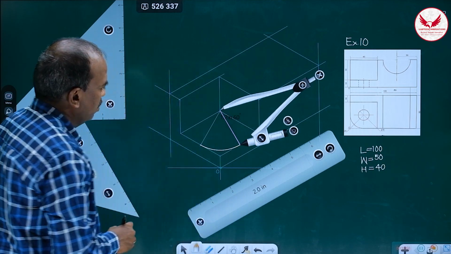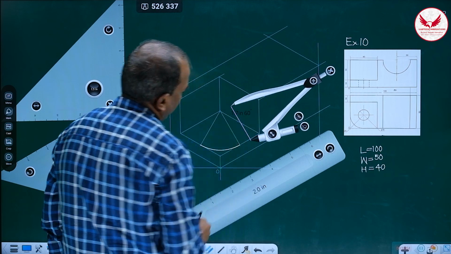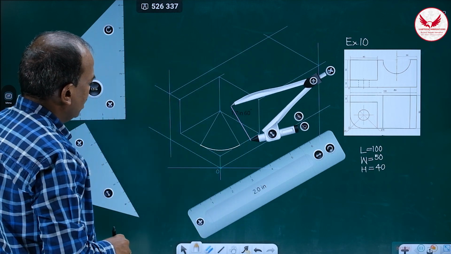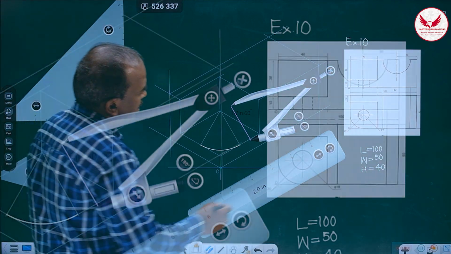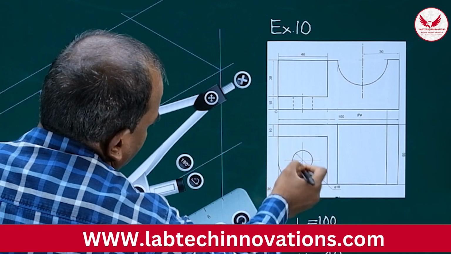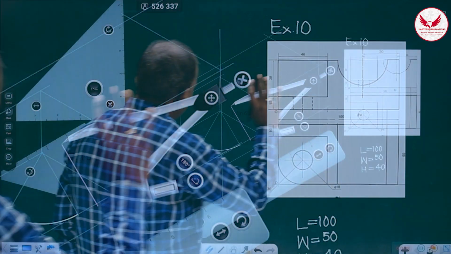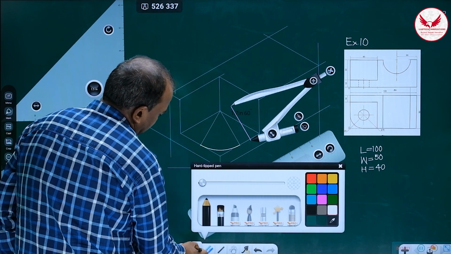This is the quarter circular arc. Like this you can mark it, and once we mark this arc, its thickness is 10. Because this hole is in that 10 thickness, that is the big hint for us. Then shift these 3 points.